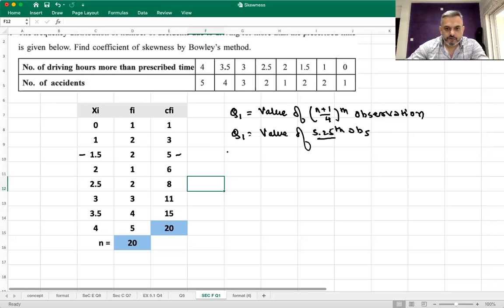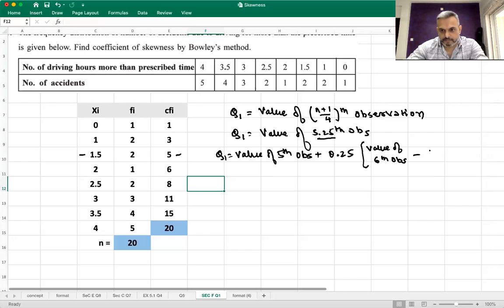So what we will do is we will find out Q1 is equal to value of fifth observation plus 0.25 into value of sixth observation minus value of fifth observation.